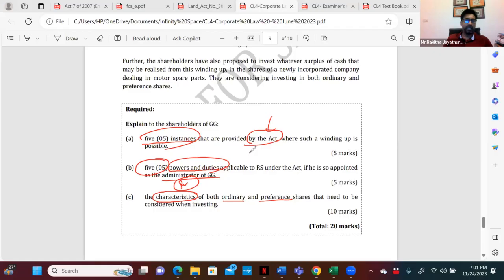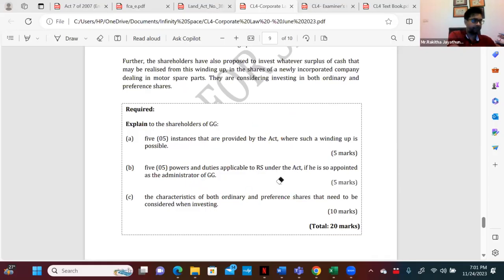So now we will look at the answers to these questions. Let's look at the relevant section here in the Companies Act.